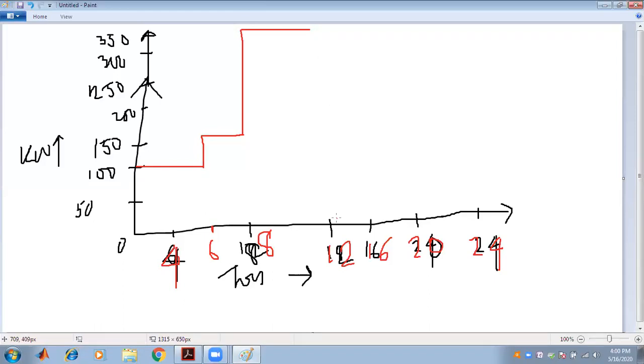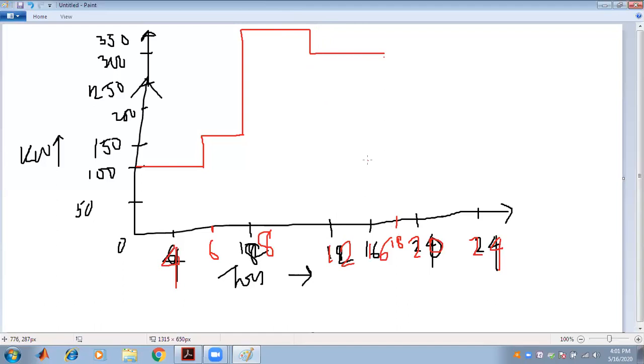From 10 to 18, it is 300. From 10 to 18 means this portion. It is 300, which comes down like that, going from 10 to 18. Okay.